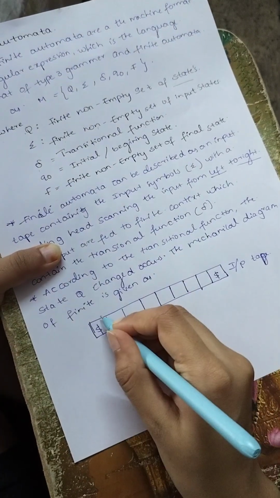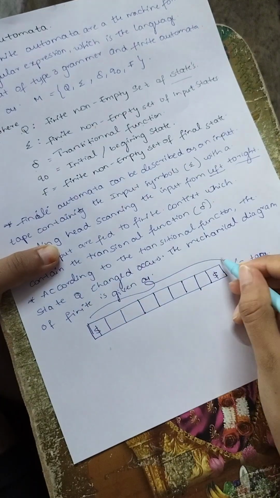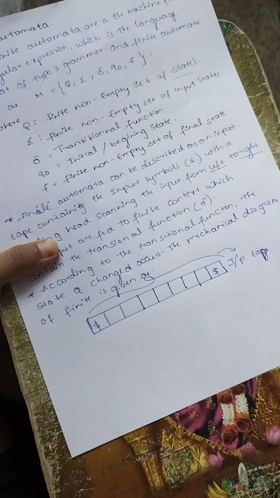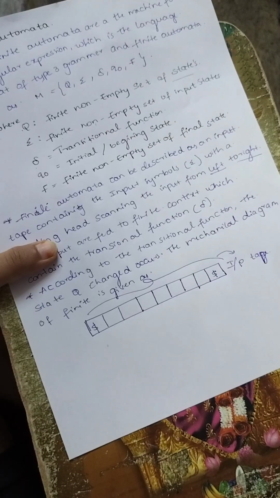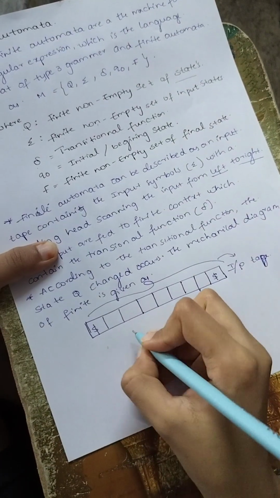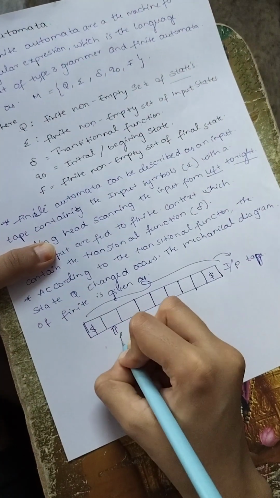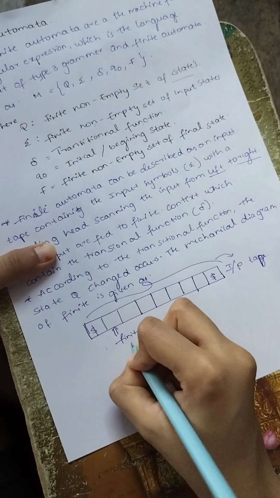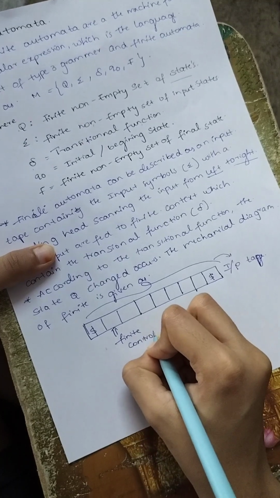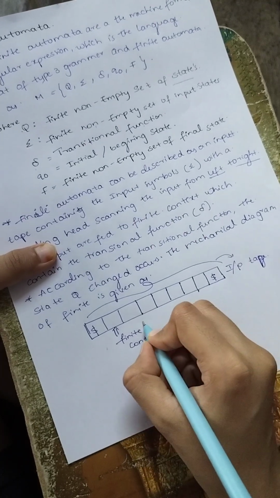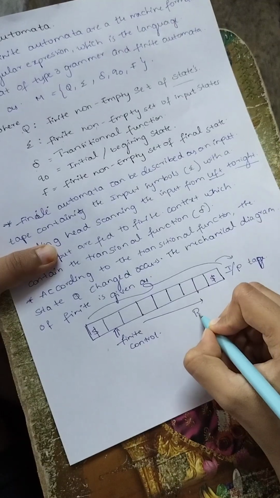The whole diagram is known as the input tape. And here we define the finite control. And this is called the reading head.